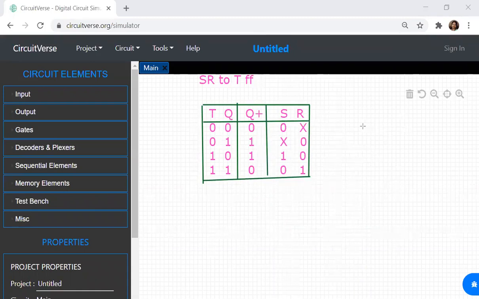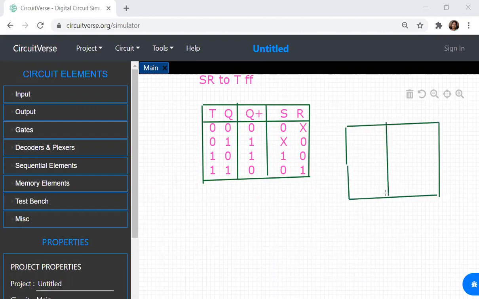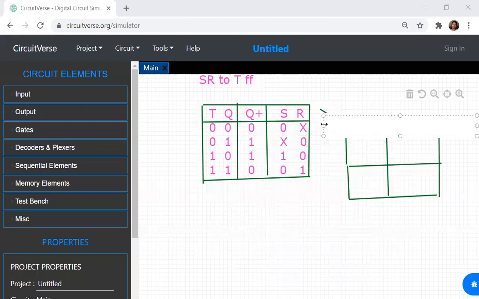I have 2 variables, so it will be a 2 variable K-map with 4 combinations. What are my inputs? One input is T and the other input is Q.